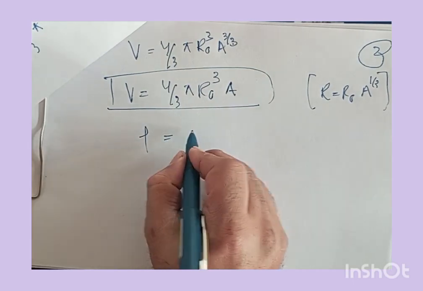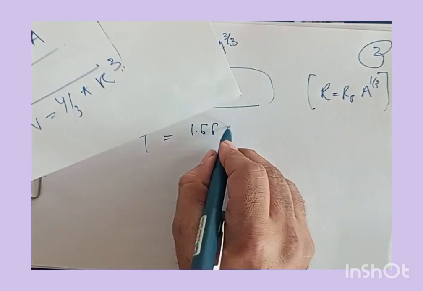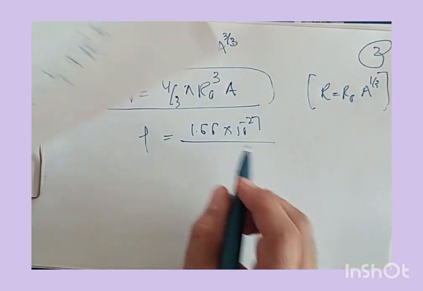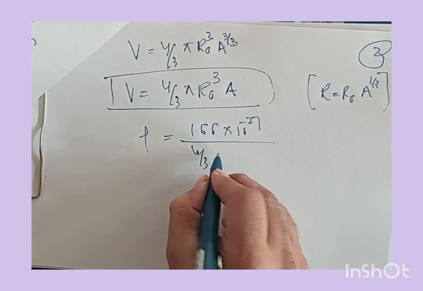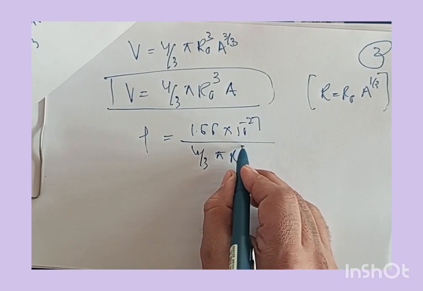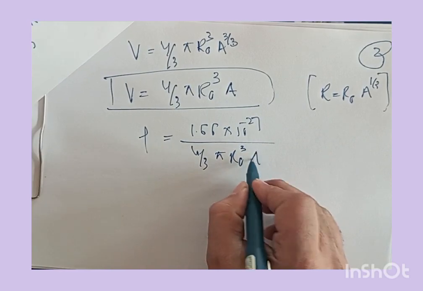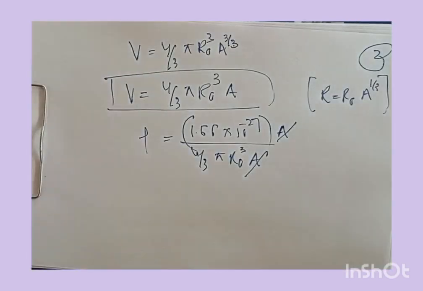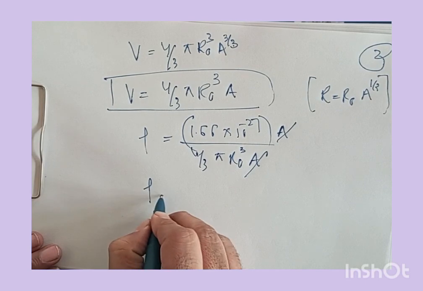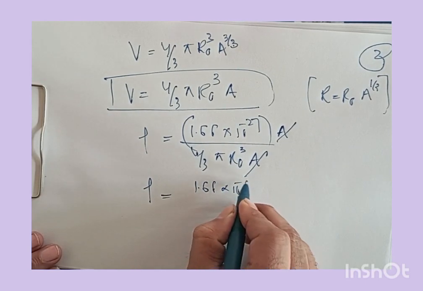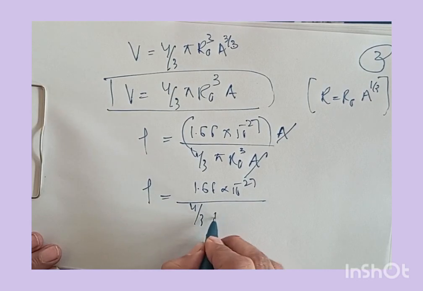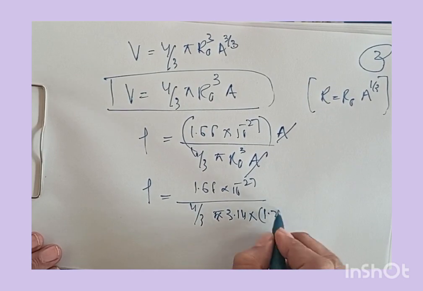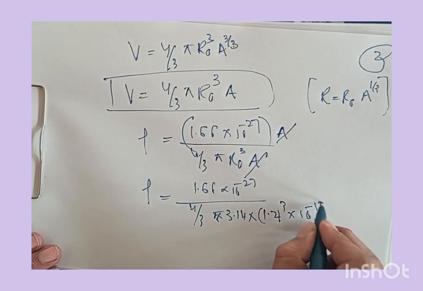So density is 1.66 times 10 to the power of minus 27 divided by the volume, that is 4 by 3 pi r naught cube times A. And here we have A also. This A and A are going to cancel, and what we always see is a number. It is 1.66 into 10 to the power of minus 27 divided by 4 by 3 pi, where pi is 3.14, times r naught, which is 1.2, whole cube, into 10 to the power of minus 15 whole cube.